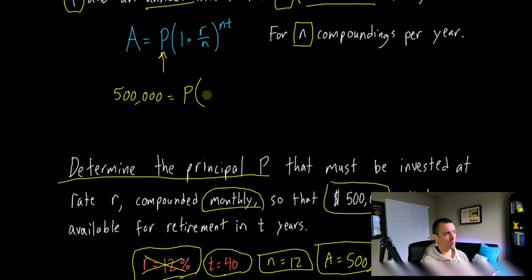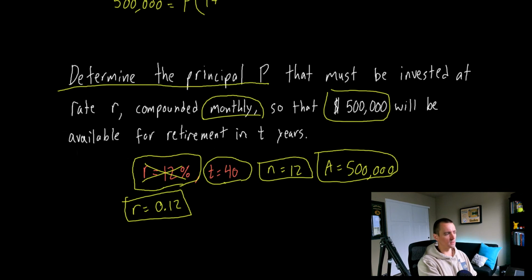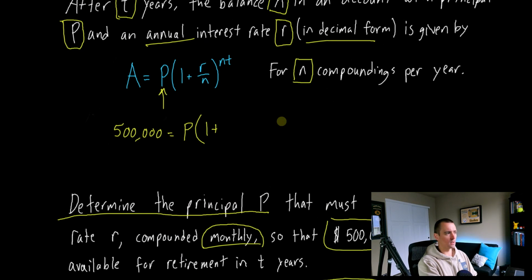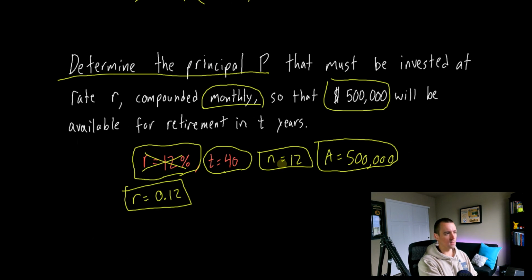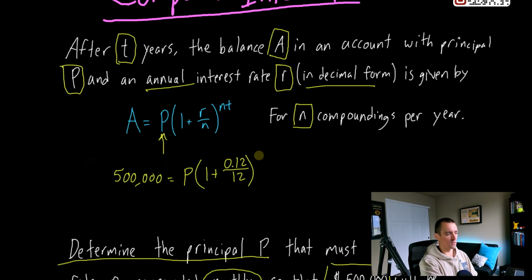We don't know P. Then we have 1 plus R over N. Remember, R is 0.12 and N is 12. So we'll put 0.12 over 12, and then N times T. N again is 12 and T is 40. So we'll put in 12 times 40.